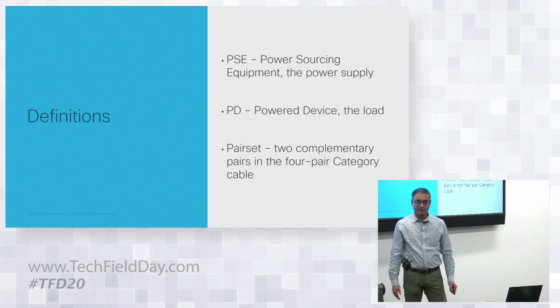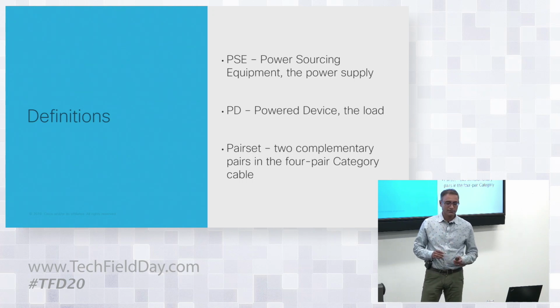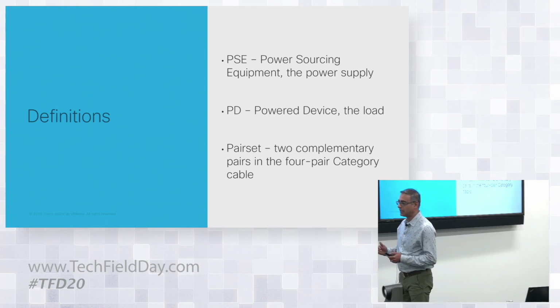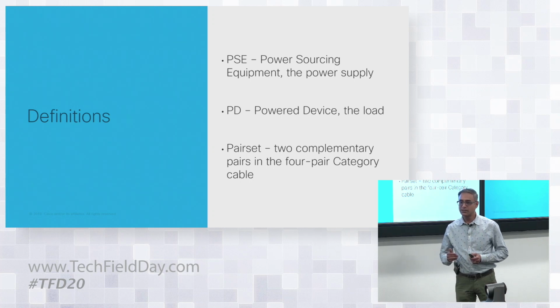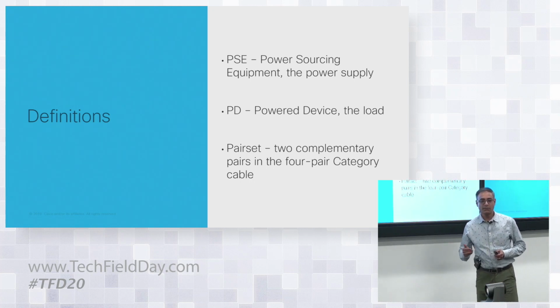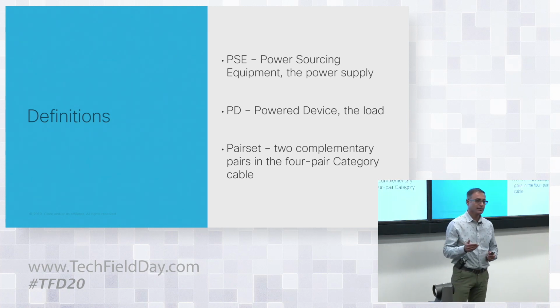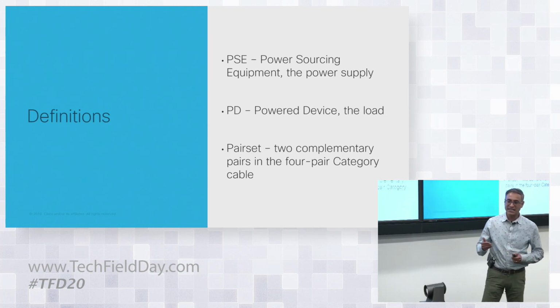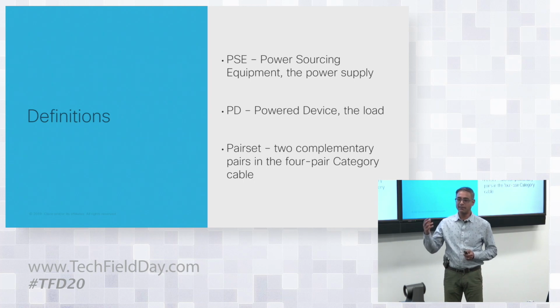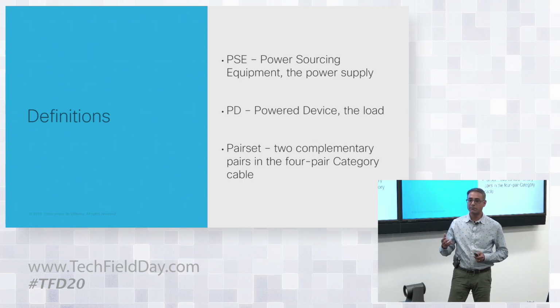Now, before I go any further, I just want to quickly talk about 3 main terminologies that I'll be frequently using during our presentation. One is a PSE, which is a power source equipment, which essentially is the power supply, if you will. A PD, which is a powered device, which is the endpoint that draws power from the PSE.